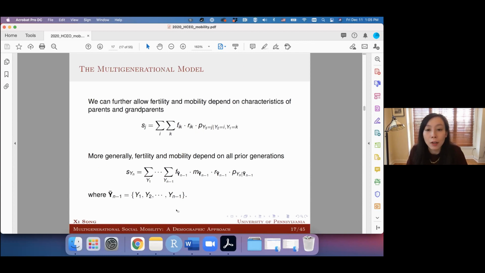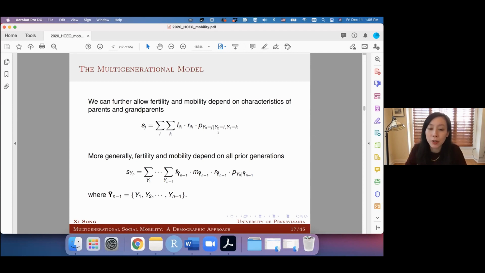And well, we can further relax the Markov property by assuming that both the fertility of a man, in terms of the number of sons he will produce, as well as the social mobility probability of his sons, depends not only on this man's own socioeconomic status, but also the grandfather's socioeconomic status.